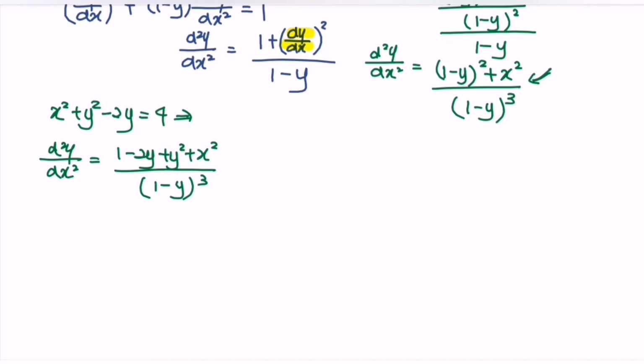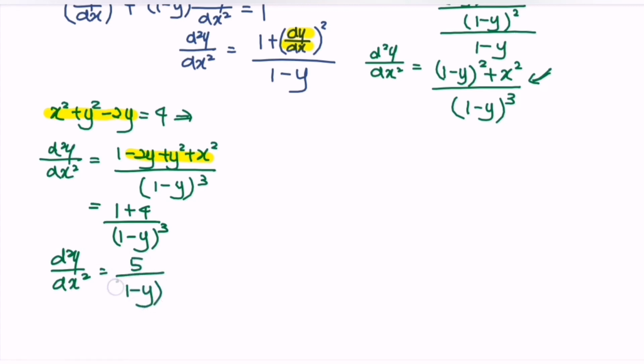Kindly observe the situation, and we notice that here we have x squared plus y squared minus 2y, which equals 4. So kindly substitute the situation. We have 1 plus 4 over 1 minus y to the power of 3. Simplify the situation. So the second derivative equals 5 over 1 minus y to the power of 3.